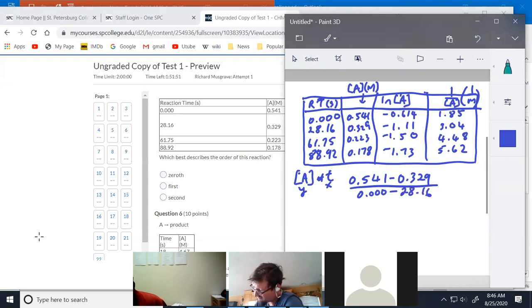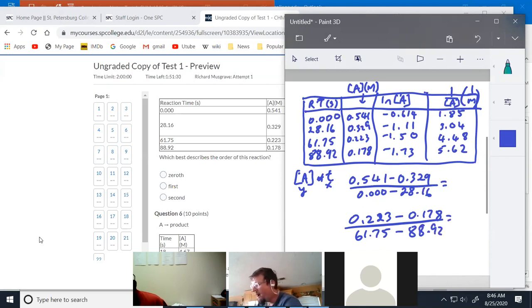And then I would do 0.223 minus 0.178 over 61.75 minus 88.92. So I do both of those and see what I came up with on each.